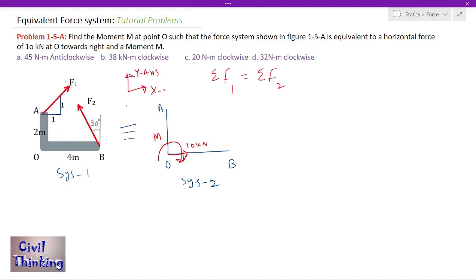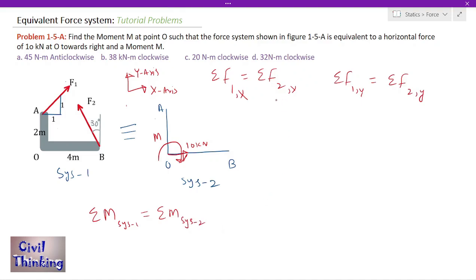It means summation of forces in system 1 along x is equal to summation of forces in system 2 along x, and also summation of forces in system 1 along y-axis is equal to summation of forces in system 2 along y-axis. Also, summation of moment in system 1 is equal to summation of moment in system 2.